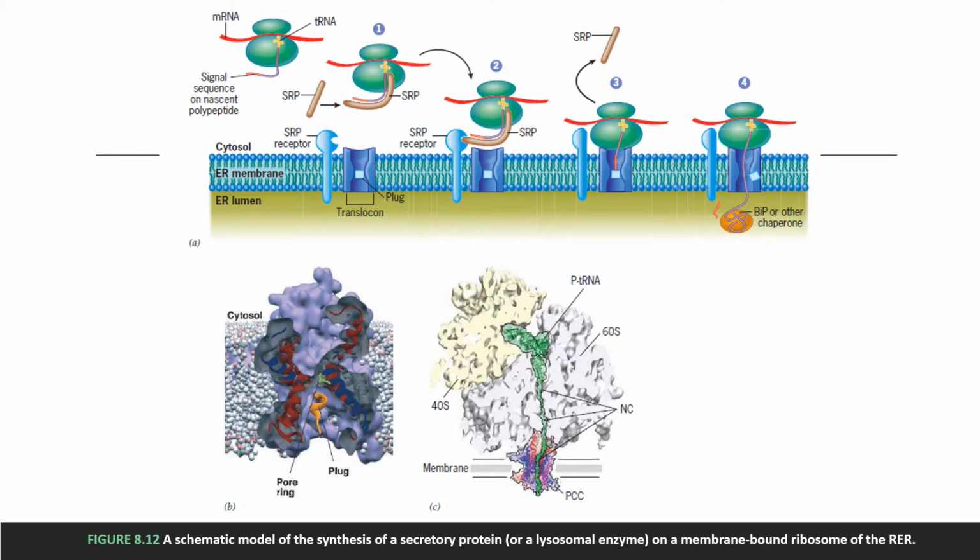Here is the figure showing the schematic model of the synthesis of a secretory protein on a membrane-bound ribosome of the rough endoplasmic reticulum. This image is found on page 269 of your book. Just read up on the steps involved in this synthesis process. Okay.